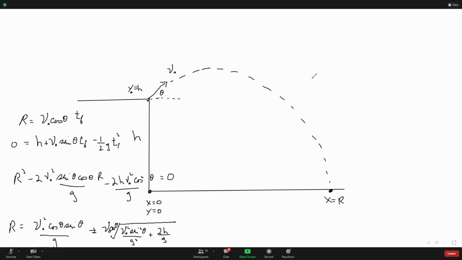And that corresponds to this value right here.